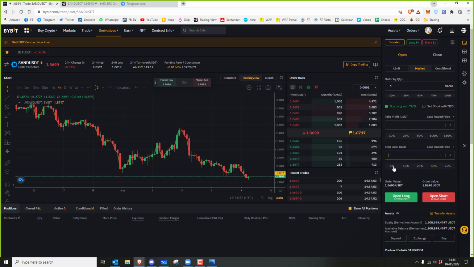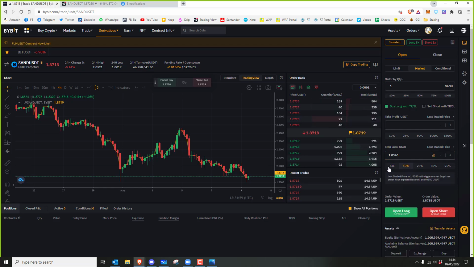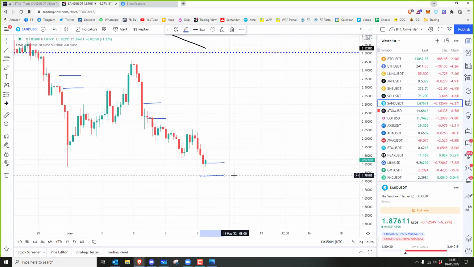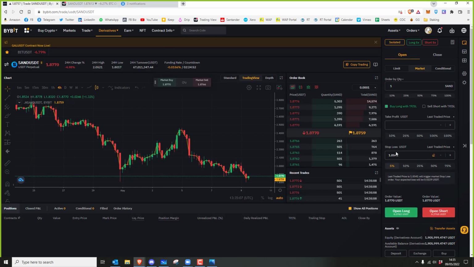Normally, to populate some of the figures and save me from fat fingering the keys, I'll click one of these, 5, 10%, something like that, and then I'll edit the last numbers. My memory hasn't helped. 1.783, so I type in 1.783. There we go. Now, this is where it helps, because it'll tell you the details. Obviously, it's doing this via the mark price, not the actual real price.